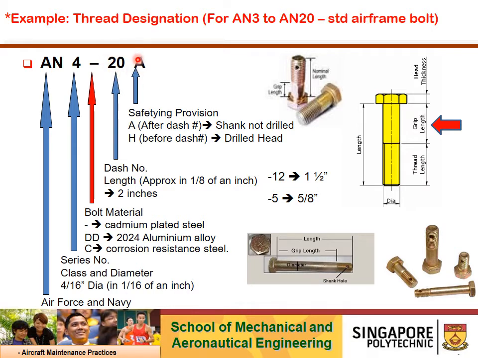The last alphabet, with or without an alphabet, represents the drill hole, whether it is a hole drilled on the shank or a hole drilled on the bolt head. So it represents various things. Do take note that your grip length is referring to the unthreaded shank part. Threaded length is not included inside grip length.